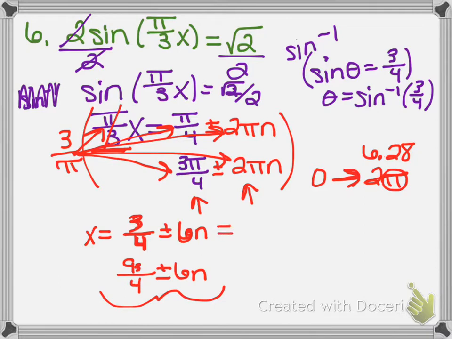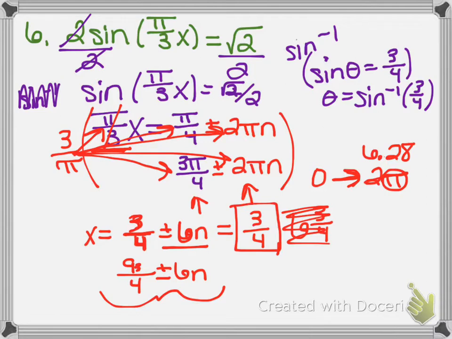And so that's important because with my first general solution, my first answer is 3/4. But if I try to add 6 to it, that gives me 6 3/4 as my next answer, which is too big. It's bigger than 6.28. So that means 3/4 is my only answer from that first general solution.